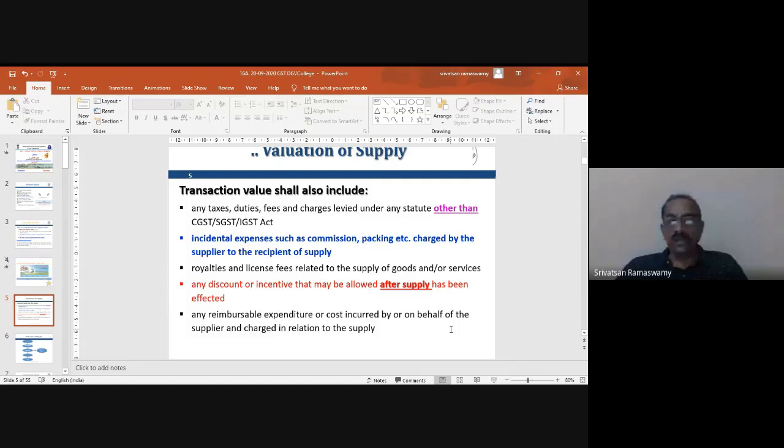And in order to account for it properly, I will raise a credit note for him so that the 10,000 rupees is deducted. So he will be paying me only 90,000 rupees as cost of supply. But here, since the discount is an afterthought after the supply has been effected, it cannot be allowed as a permissible deduction. The transaction value shall still remain as 1 lakh rupees, whereas the amount that he will pay to me will be 90,000 rupees as cost of supply, because this discount is offered after the supply is effected.